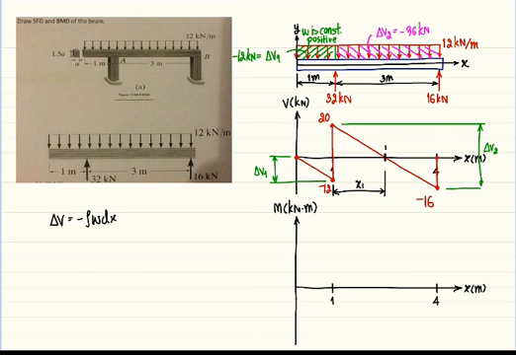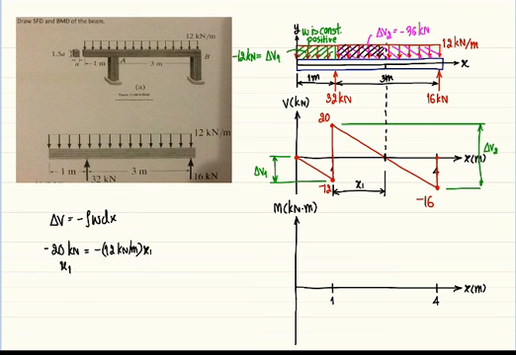So if we draw this, and if we consider this area, you can see that the change in V value can be found to be minus 20 kilonewton. And it can be related to the area under the load that can be calculated from minus 12 kilonewton per meter multiplied by x1.